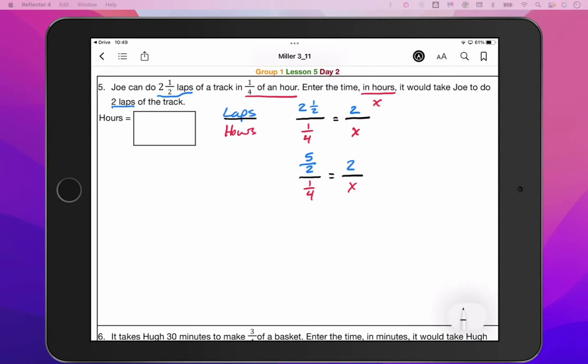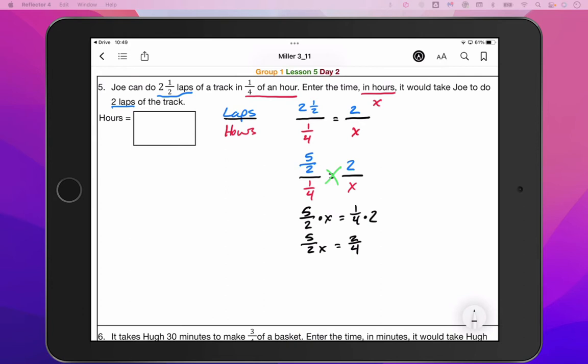So I will do my cross multiply thing. And I get 5/2 times x is equal to 1/4 times 2. So we're going to get 5/2 x is equal to 1/4 times 2, which is the same as 2/4.